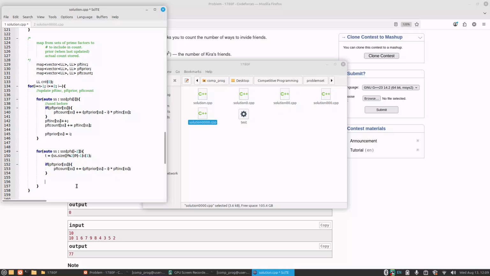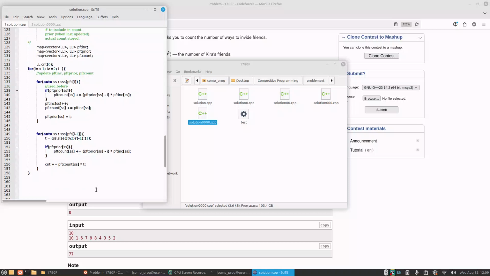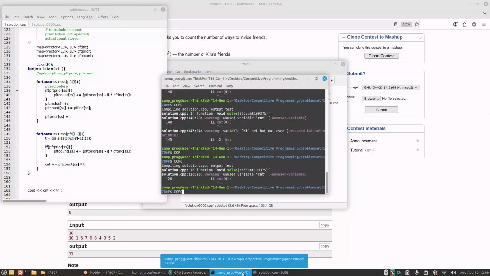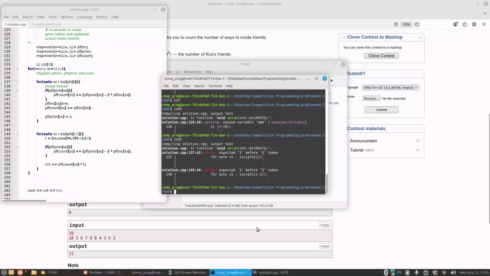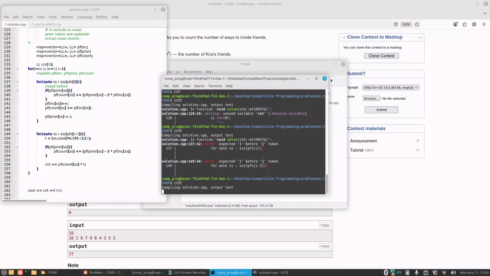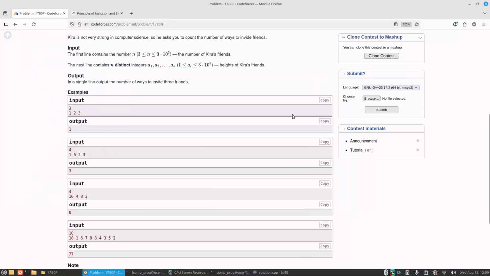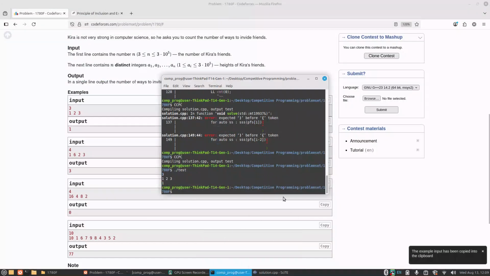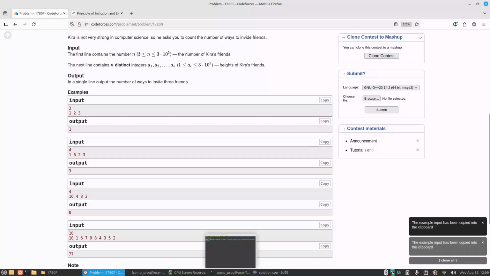And then we just add... now the painful process of actually debugging all this. Yeah, of course I forgot this. Yeah, that works.